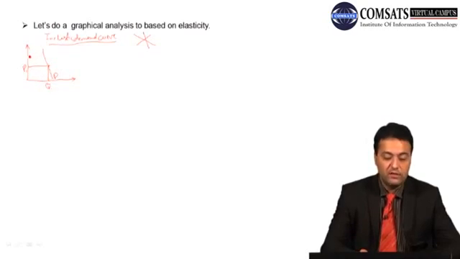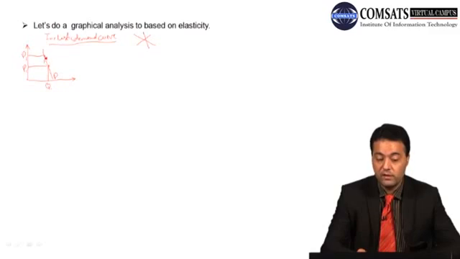Suppose there is an increase in price till this point, P1 to P2. Now it meets the inelastic demand curve over here. Extend it to over here, and that would be Q2.